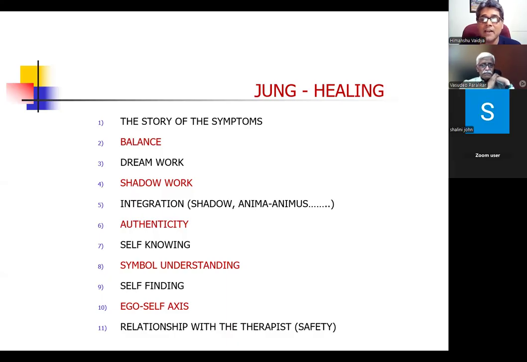And authenticity many times may mean not to adjust to society. But the difference is, because it is done at the depth of yourself, it does not lead to disorders. It may lead to a conflict with society, but not to a disorder.